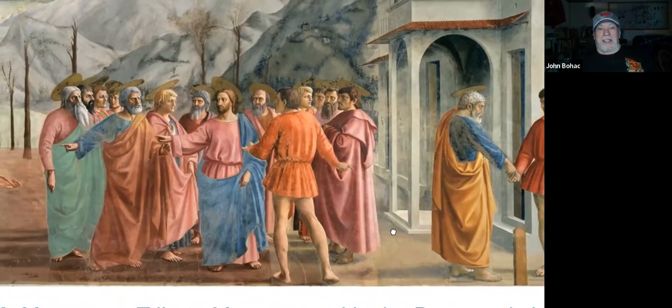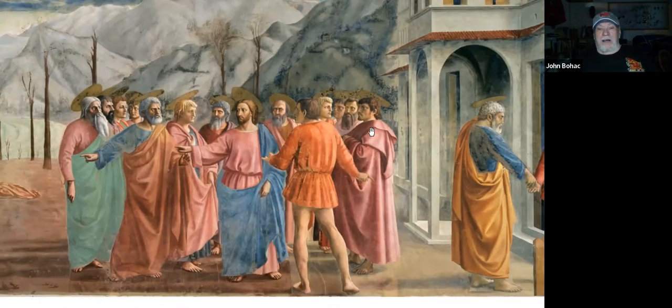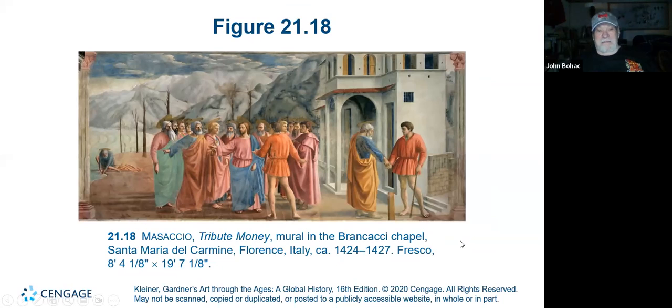There's a few other things here too, and that is that you see all of the disciples have halos. Tax collector, no halo. Say he's not a saint.